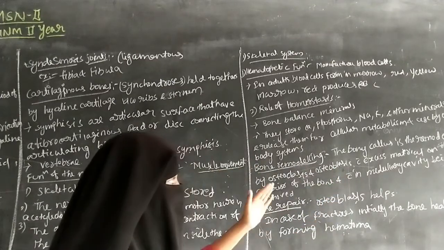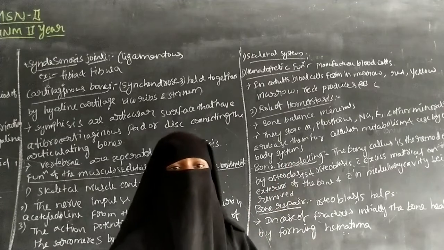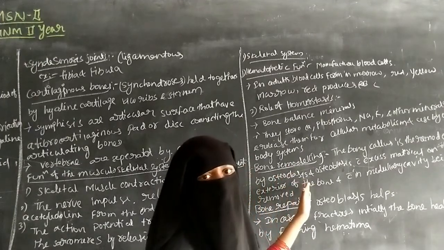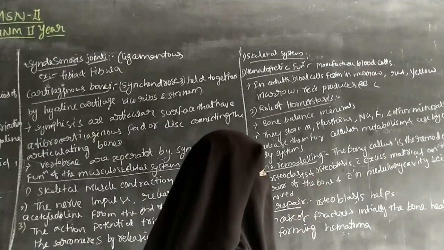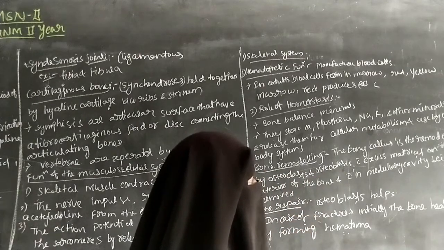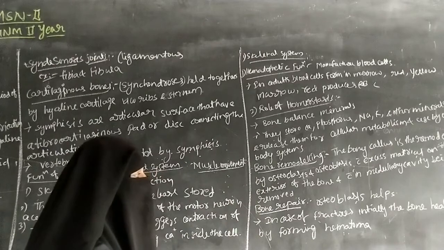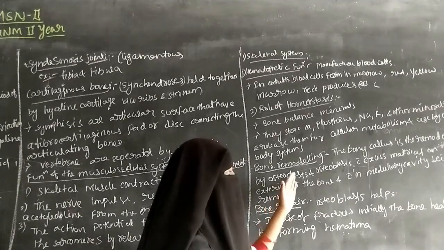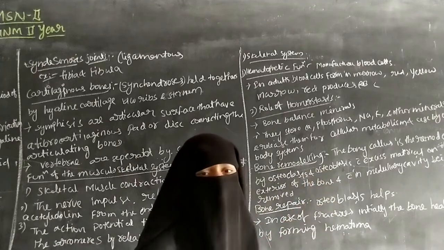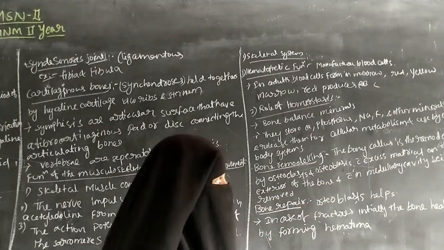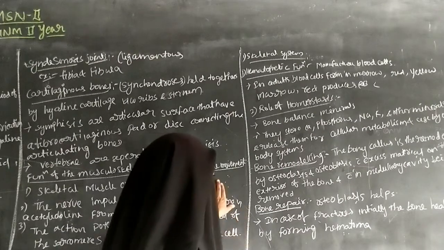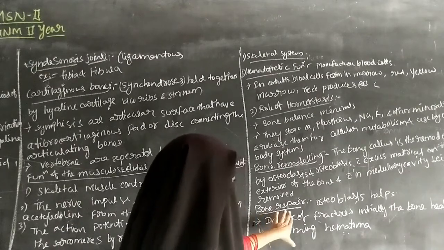The excess material on the exterior of the bone, and within the medullary cavity, can be removed by the osteoclast and osteoblast.